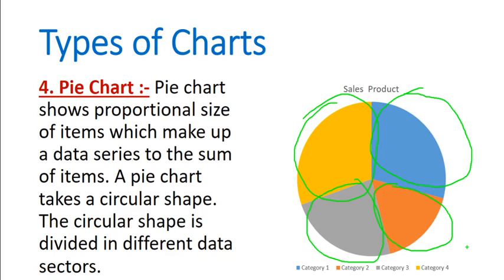In 4 sectors it is divided. As you can see here, category 1 2 3 4, and then the sales product chart title. So this is the pie chart.